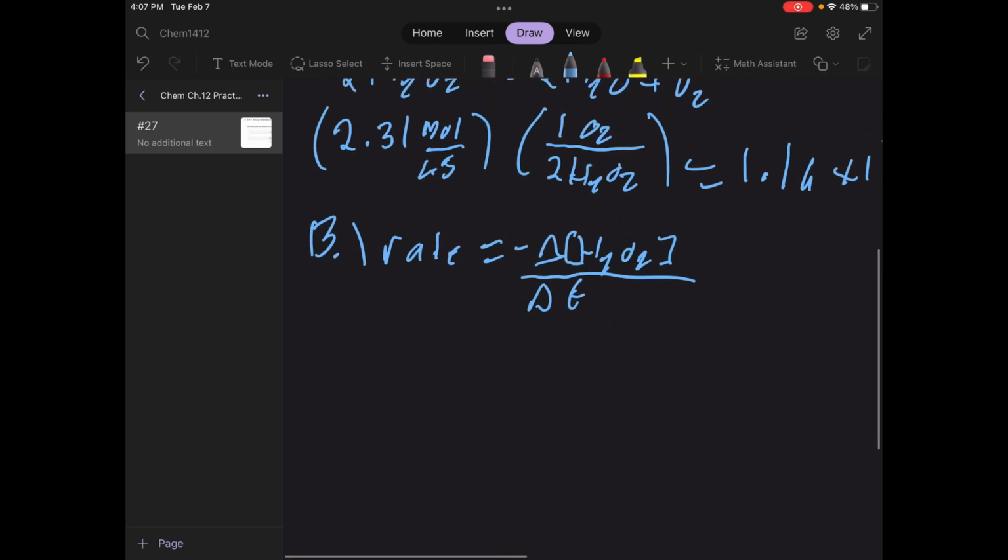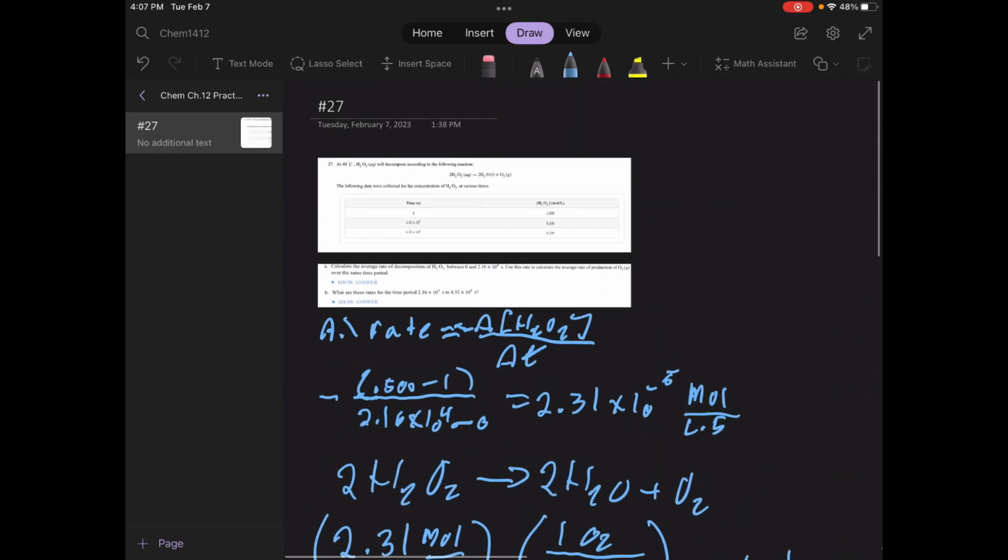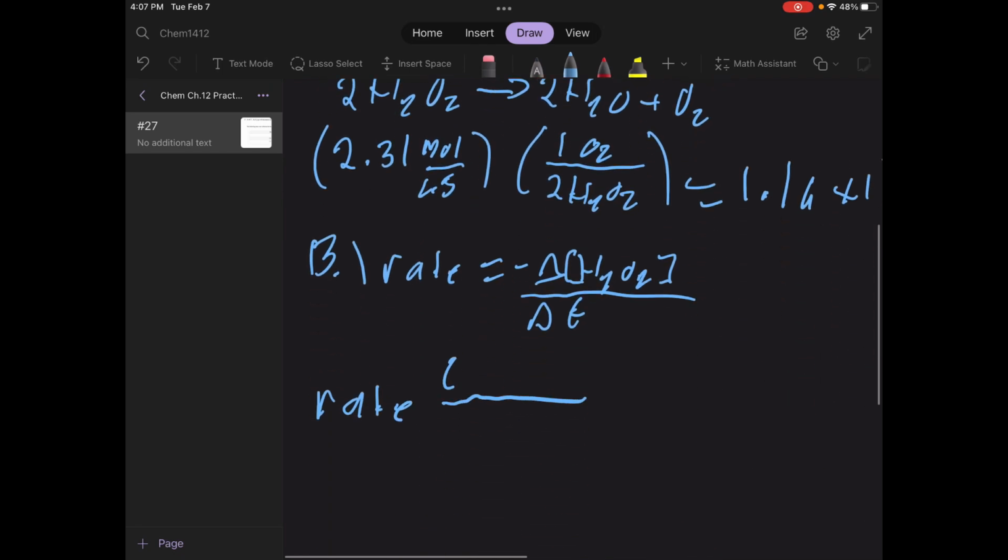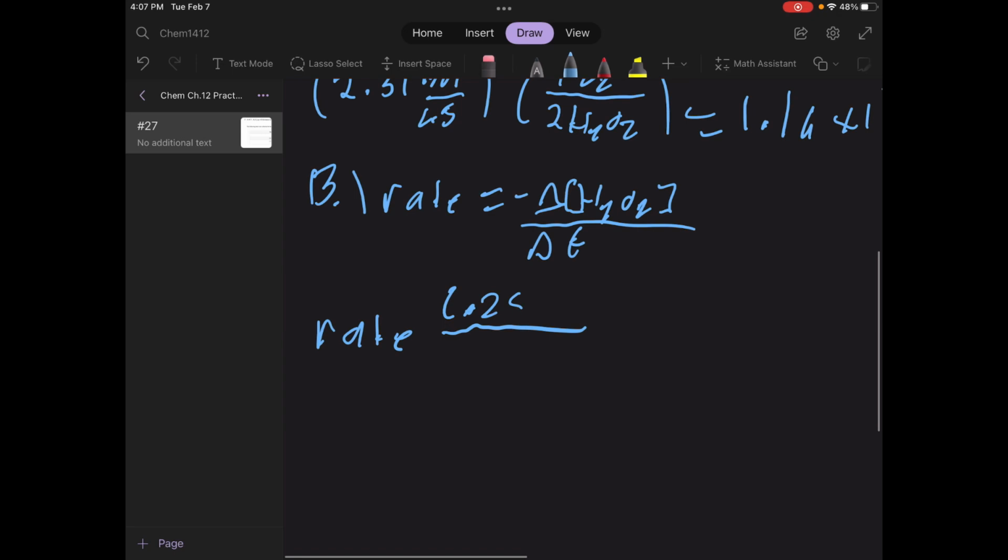Plugging in our numbers, we get 0.250 minus 0.500.